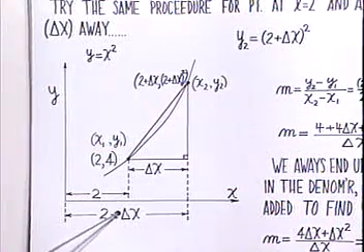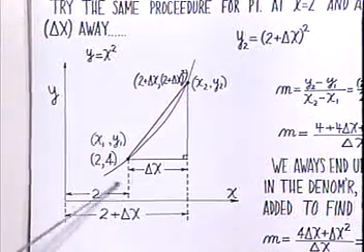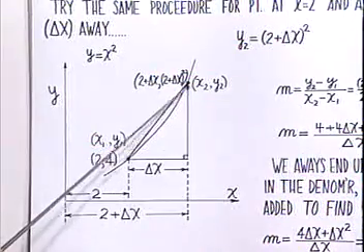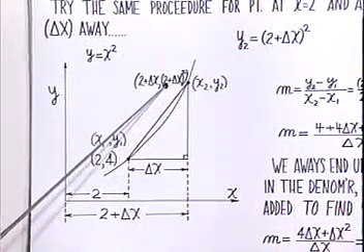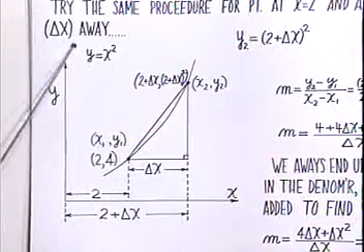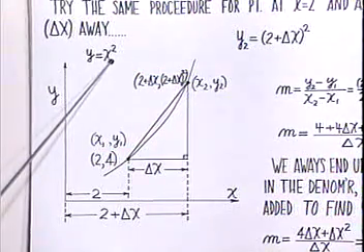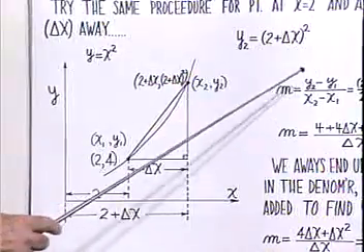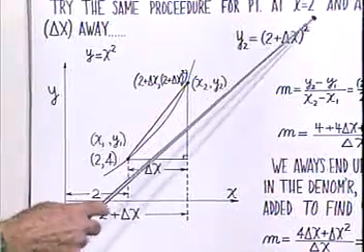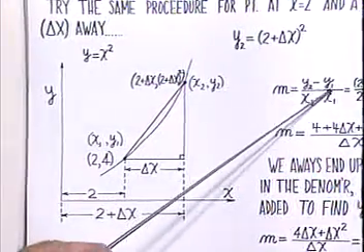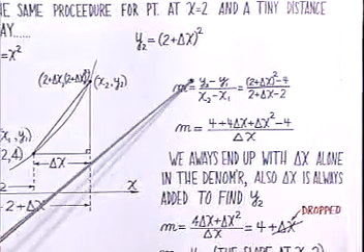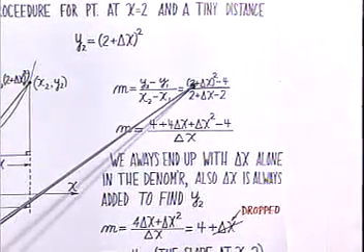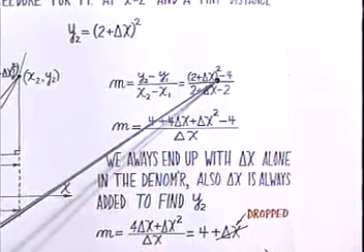If x is 2 plus delta x, this distance here, then y2 has to be that squared, because we're going according to this formula, right? Whatever x is, y is going to be that squared. So for this situation where x equal 2, we put it in this formula here as we had all the time, and we come up with this.